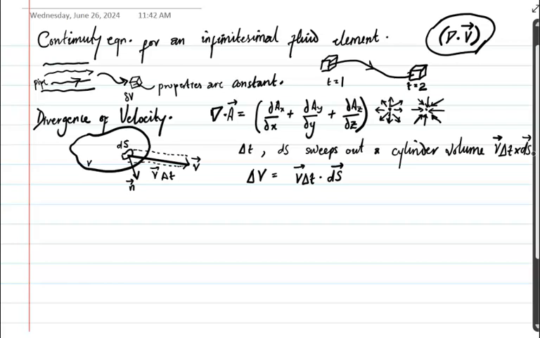This is for just this element of area. Any other element of area will have its associated velocity and volume being swept out. That is how the control volume deforms as it moves: each area moves and sweeps out a cylinder. So the total change in volume, total delta V, is the area integral of this product.